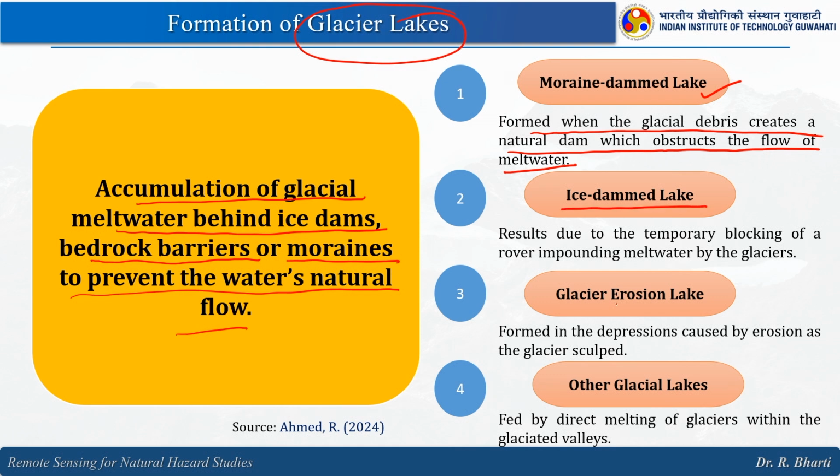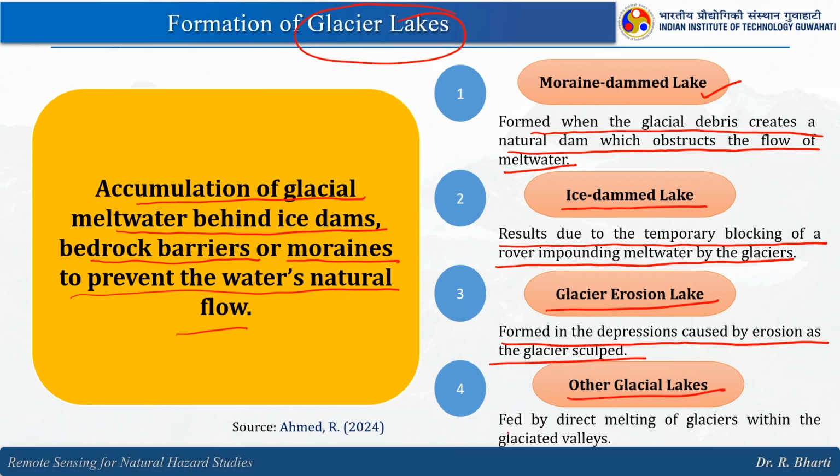Then we have ice dam lake, which results from the temporary blocking of a river, impounding meltwater by the glaciers. Then we have glacier erosion lake, formed by the depression caused by erosion as glaciers sculpt. Other glacial lakes are fed by direct melting of glacier within the glaciated valleys.